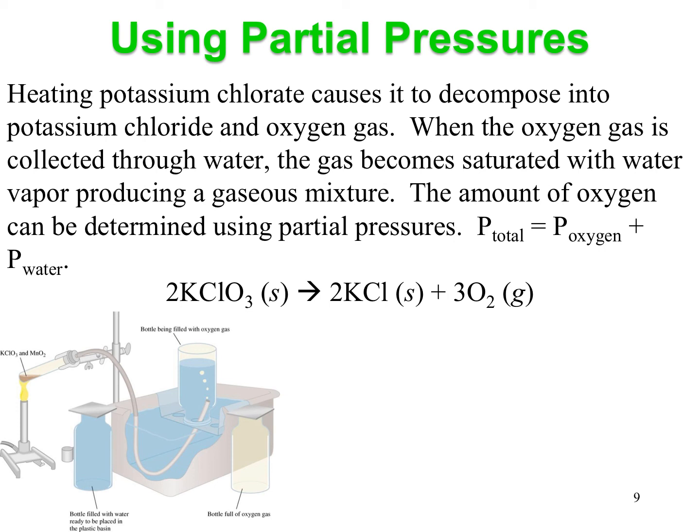That is, P sub total equals P sub oxygen plus P sub water. The total atmospheric pressure can be measured directly, and the partial pressure of the water can be determined from a table of water vapor pressures, which is dependent upon the temperature of the water.